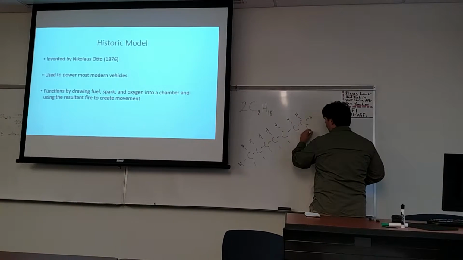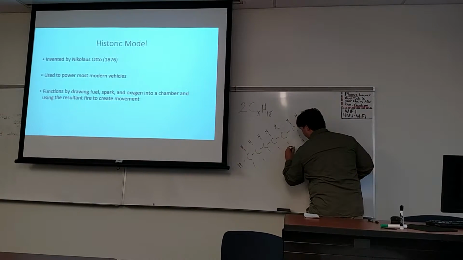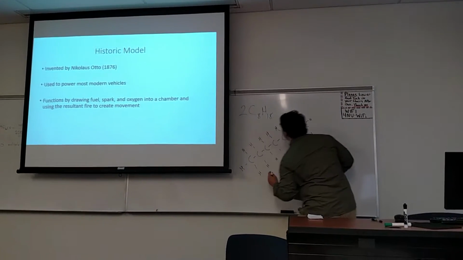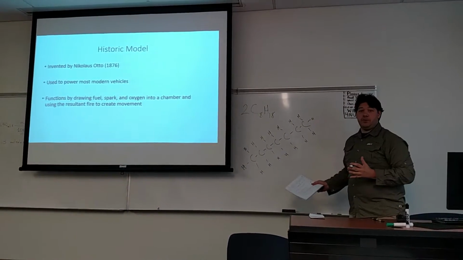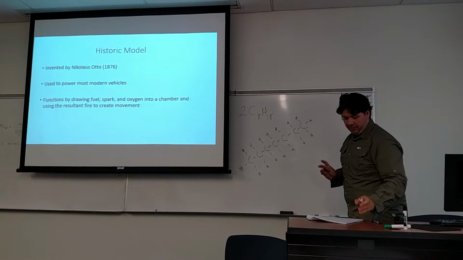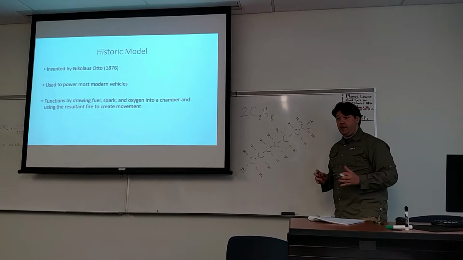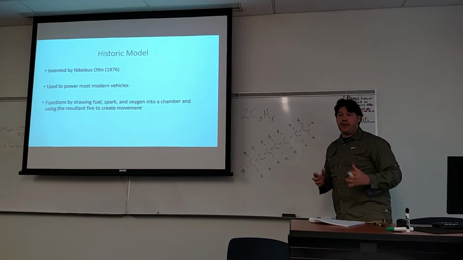Now, hydrocarbons are especially useful for combustion reactions because they are very flammable. If you take a hydrocarbon and you combust it, you will always end up with water and carbon dioxide, as well as a great deal of heat and energy produced.